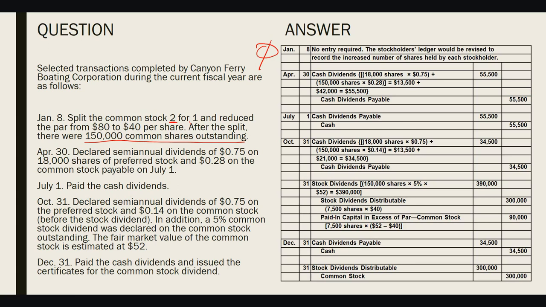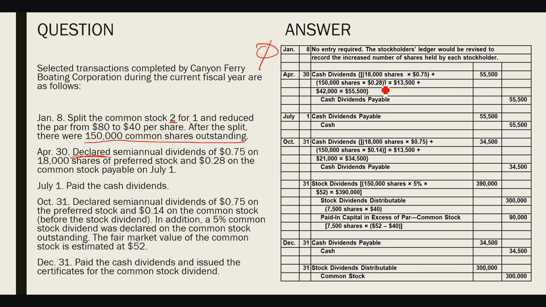Next one, declared semi-annual dividends, 75 cents for the preferred stock, 28 cents for the common stock. So this is a declaration, not a payment. So what happens is we take the 18,000 shares outstanding and multiply that by the value of the dividends per share that we promised to pay. And so that's $55,500.